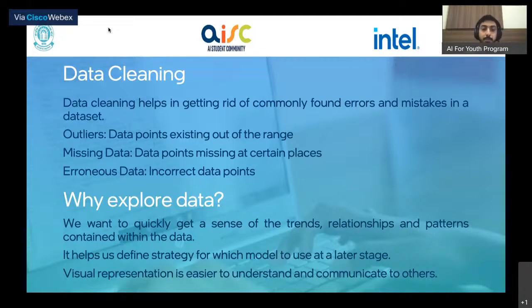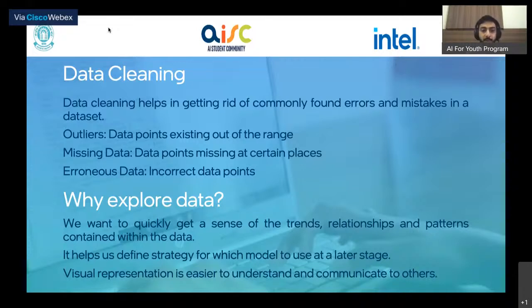If a certain student has got marks, let's say 140, that's not right. Even though we wish we get 140 marks, 140 out of 100 seems like an outlier because it falls outside the range. That's an outlier.